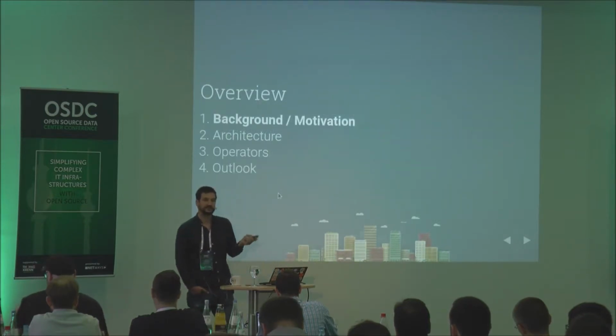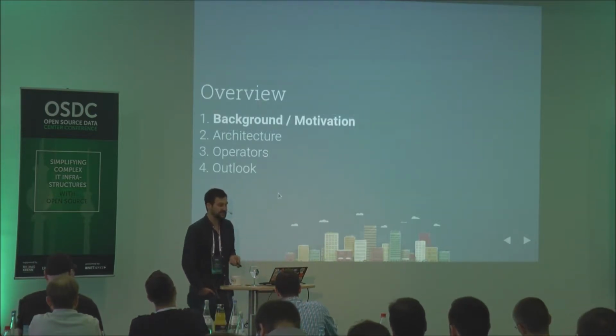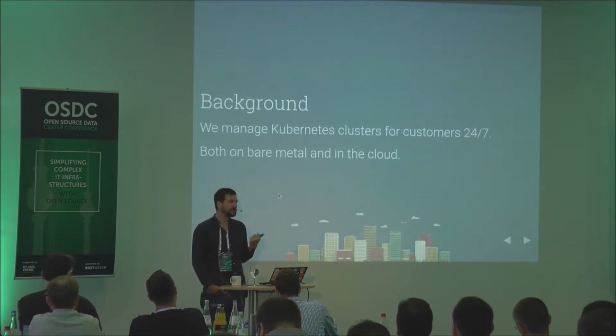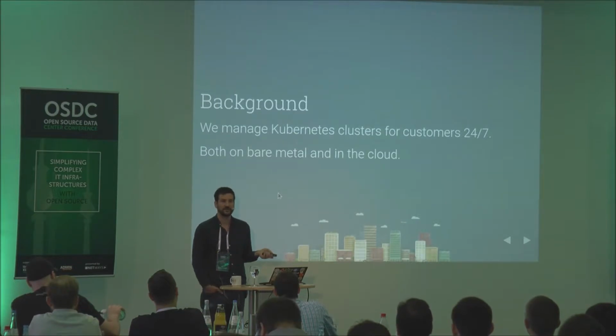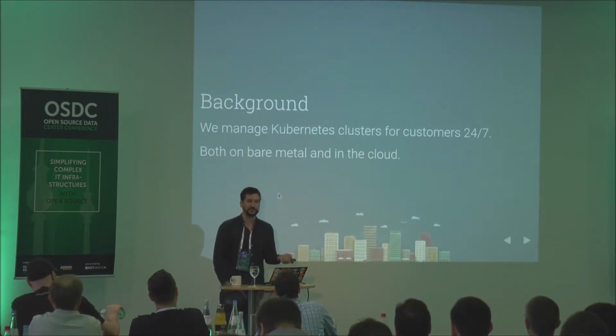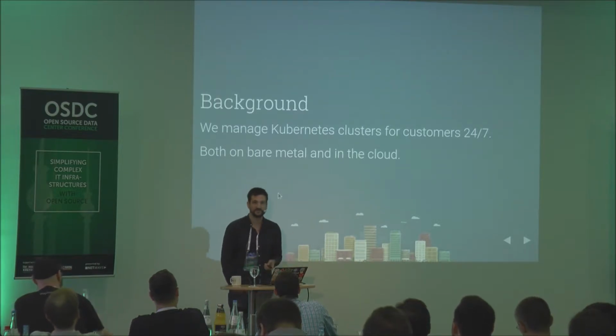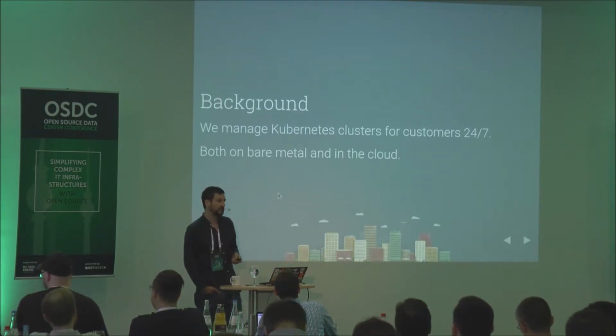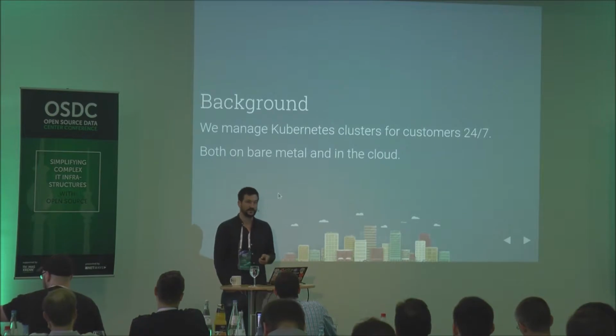So I'll give you a little bit of background on what we're doing at GiantSwarm. We manage Kubernetes clusters 24/7 for our customers. So we're not just provisioning them and then handing them over to the customers, we are also on call for those environments.